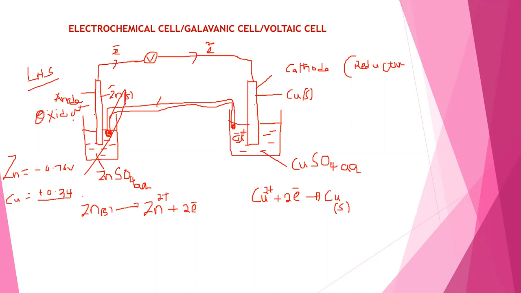So oxidation takes place at the anode, and reduction takes place at the cathode.